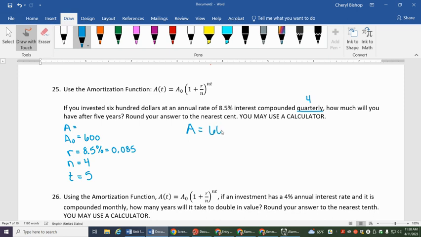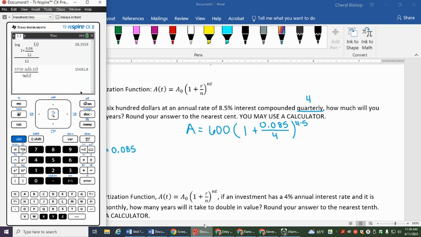A sub 0 is 600 times, can somebody grab the door, please? My rate is 0.085 over my N, which is 4, raised to the N times T power. If you want to change that to 20, you can. Since they're telling me I can use a calculator, I'm going to put that whole thing in the calculator at one time.